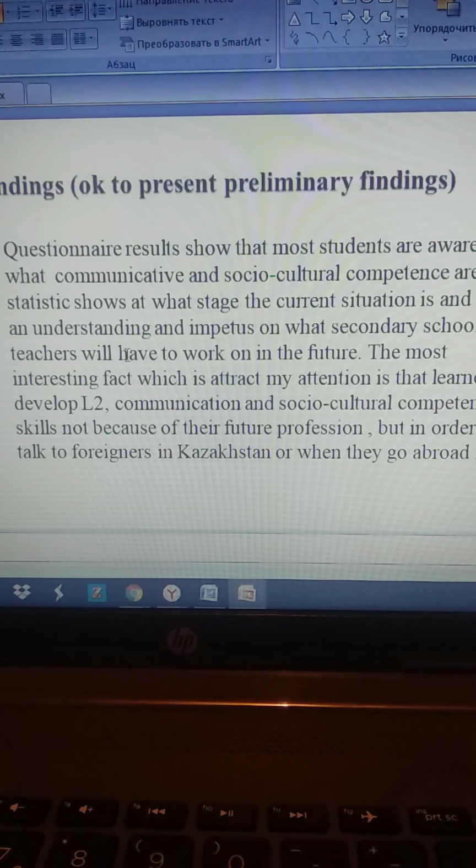The most interesting fact for me, which attracted my attention, is that learners develop L2 communication and socio-cultural competence skills not because of their future profession, but in order to talk to foreigners in Kazakhstan or to communicate when they go abroad.